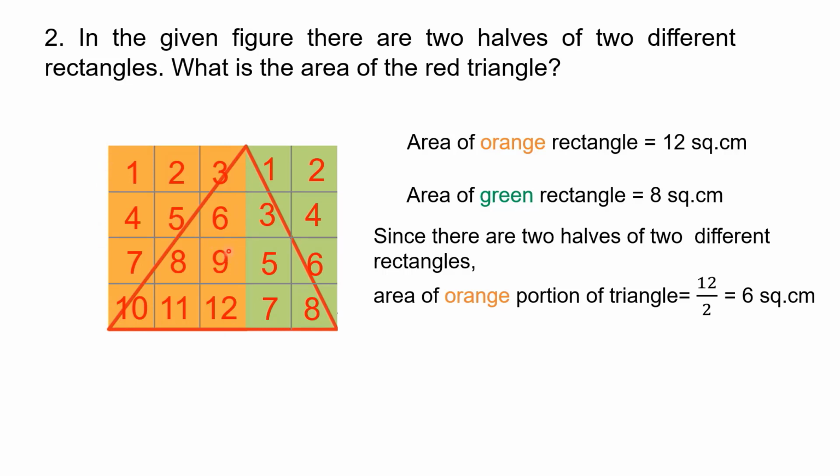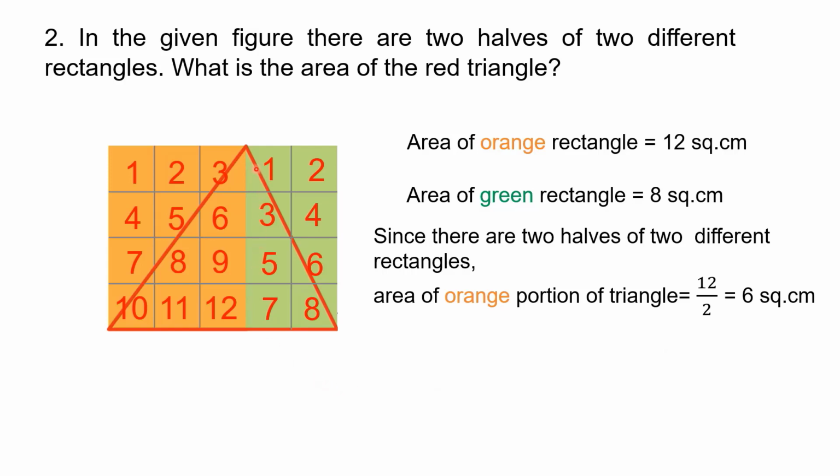So the area of the orange portion of the triangle is 12 divided by 2, where 12 is the area of the orange rectangle. 12 divided by 2 equals 6 square centimeters.